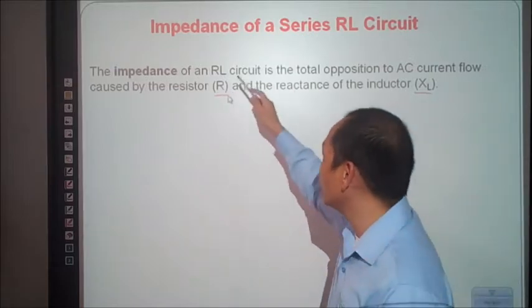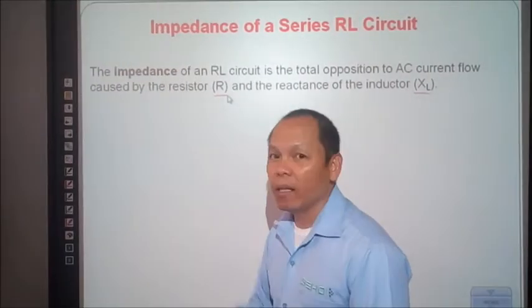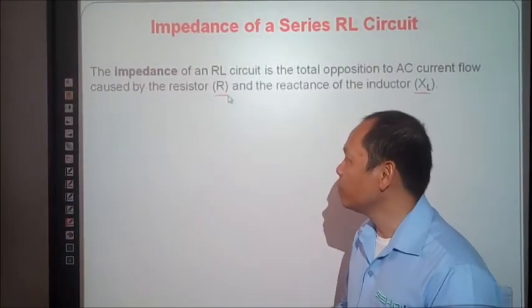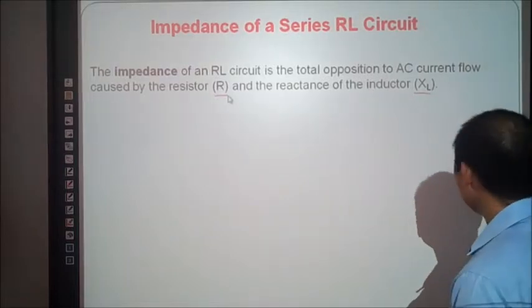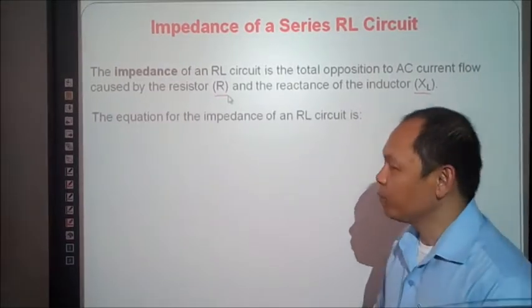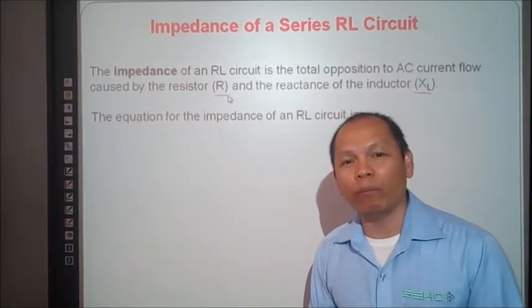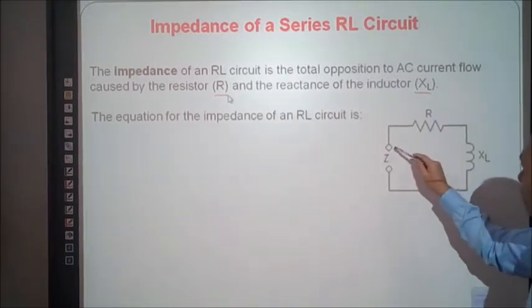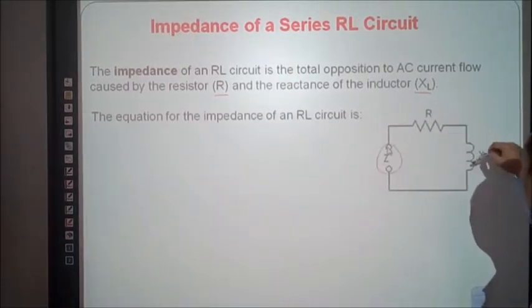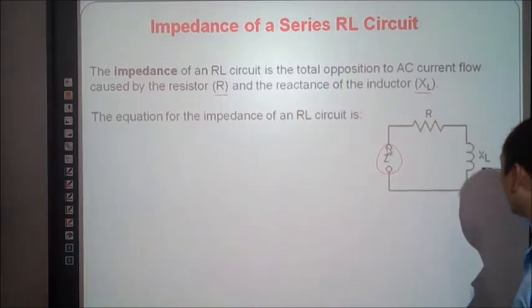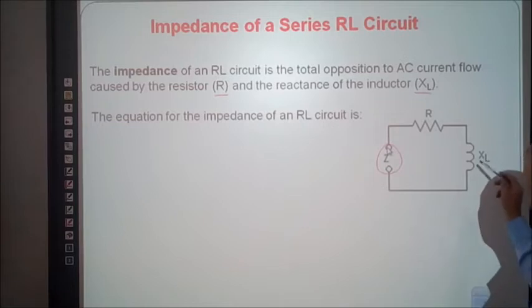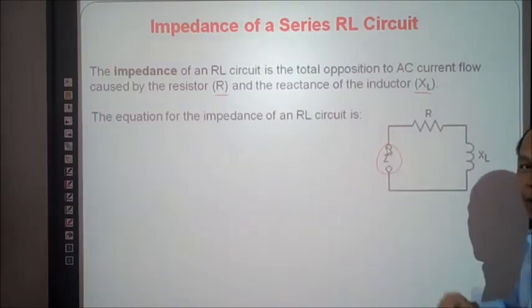These two will produce impedance. Now, how to compute the impedance? If we have here the circuit, this is the impedance here. These are the two components, the resistor and the inductor. The inductance will be converted to XL, or inductive reactance.